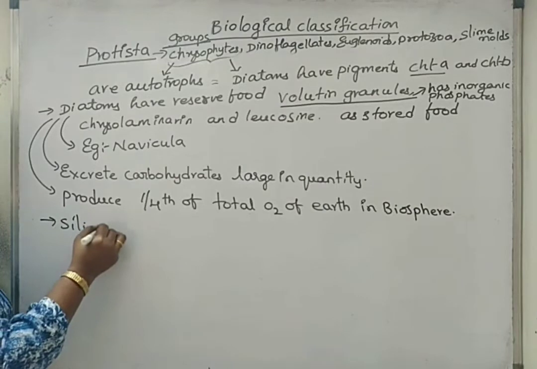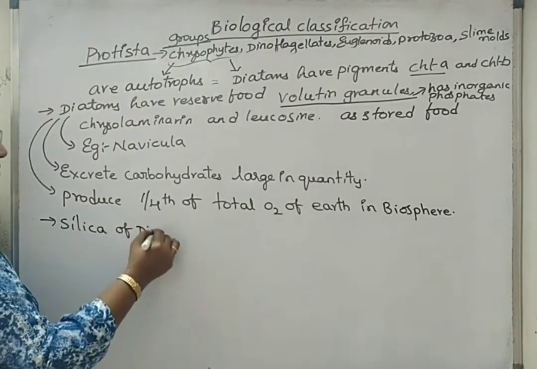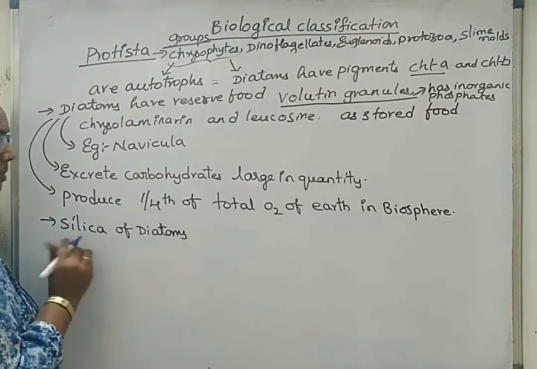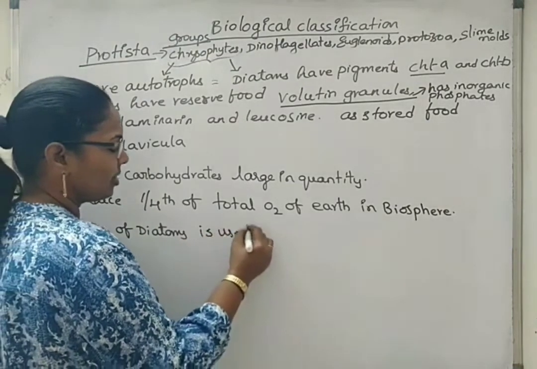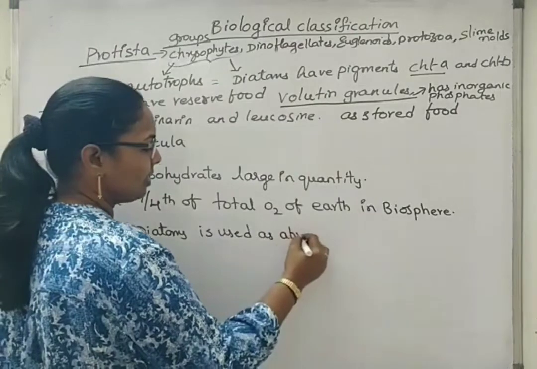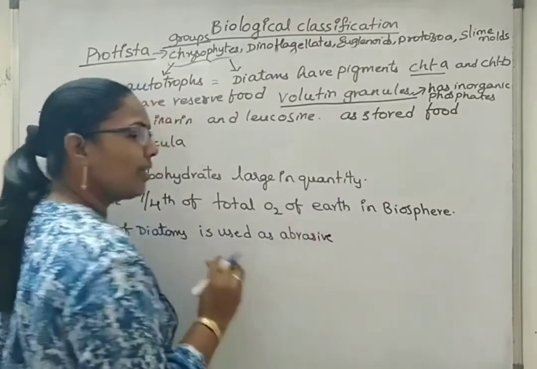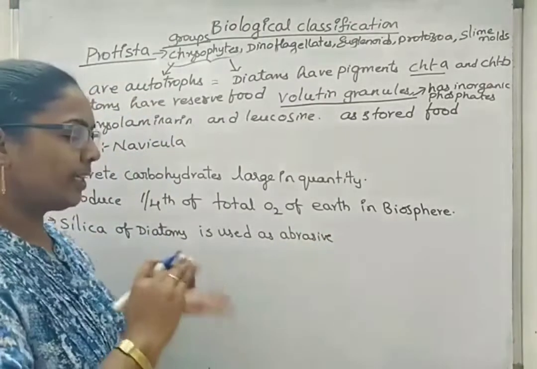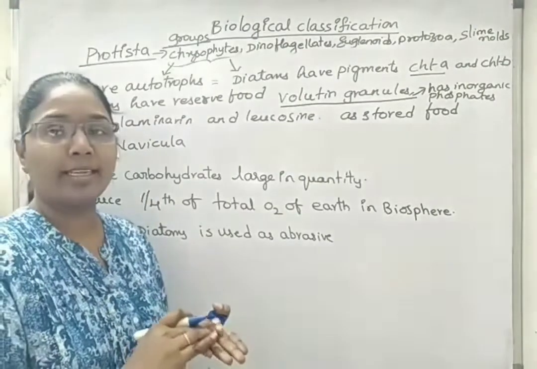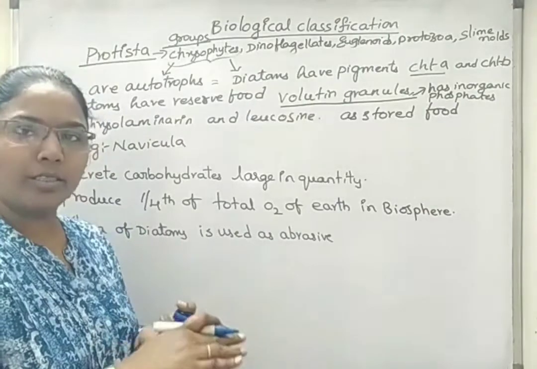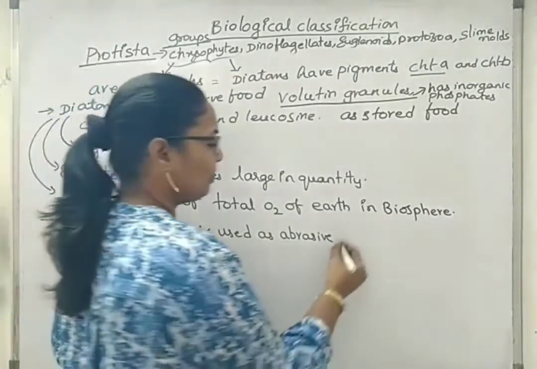The silica of diatoms, the siliceous cell, is used as an abrasive. When a surface is very rough, we can rub sheets containing diatomaceous earth on it to make it into a smooth layer. Abrasive agent.